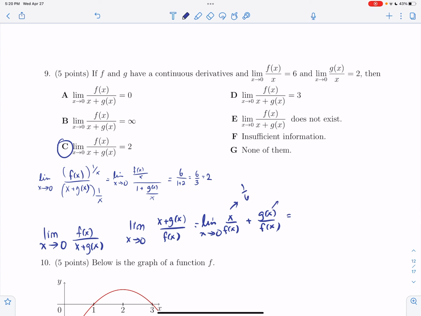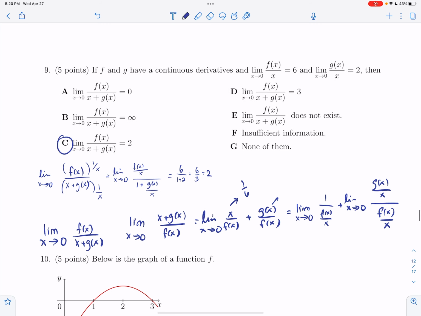Well, this one you can multiply and divide by x. And the answer is 1 over 6 plus 2 over 6.